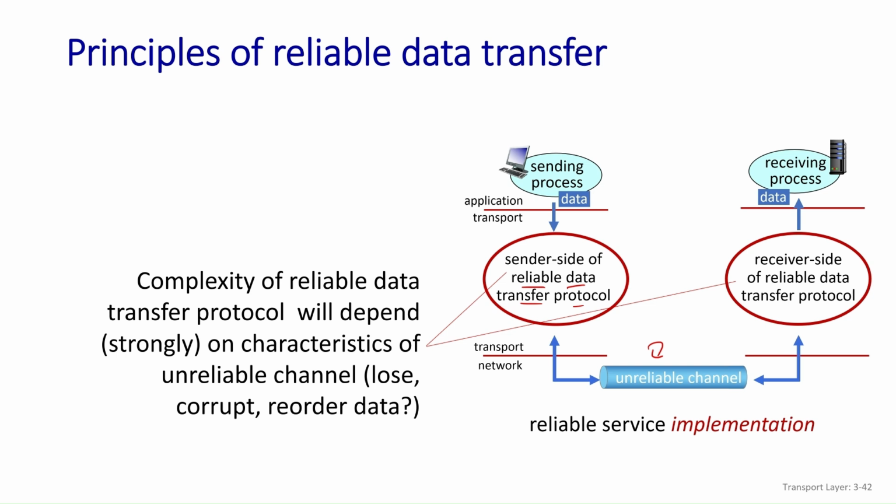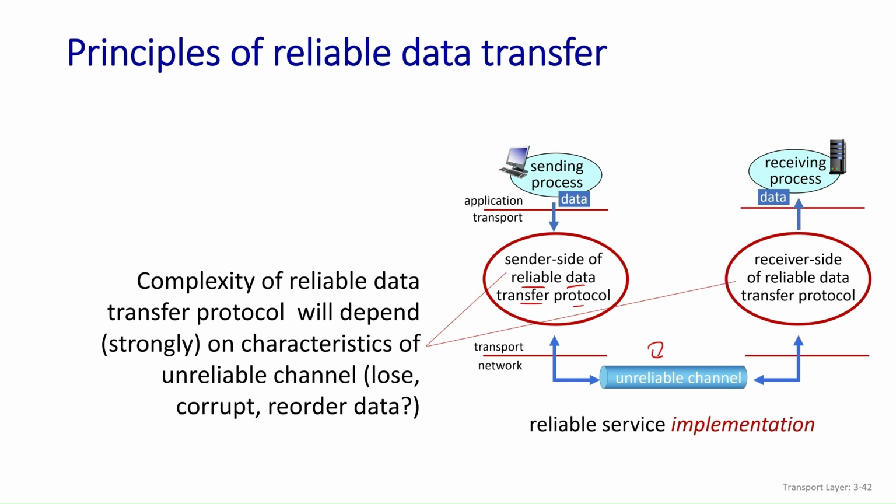But if I am also losing packets, or packets are being reordered during transmission, then the complexity of the reliable data transfer protocol increases. How complex the protocol is depends upon the underlying unreliable channel and its characteristics.